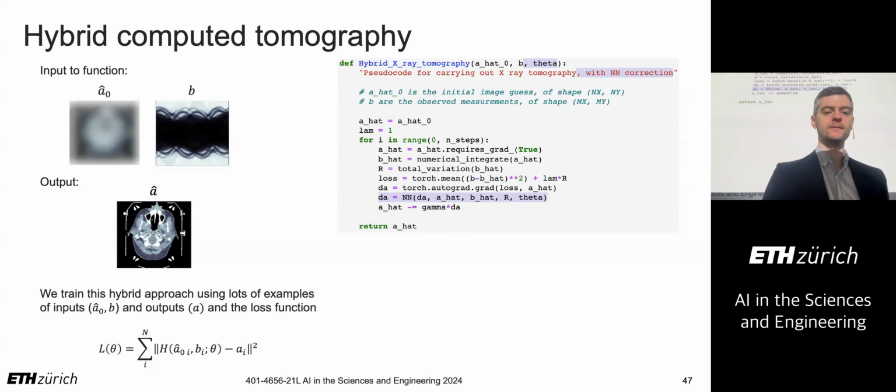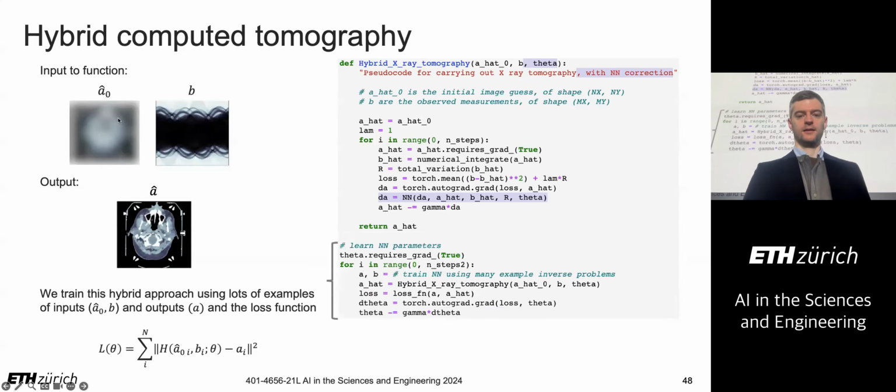Does that make sense to everyone? So our training data is basically many thousands of examples of true images, some observational data based on those images, and some starting guess, which we can generate. And now you should realize that we can just differentiate through this whole thing to get the gradient of the loss with respect to the parameters.